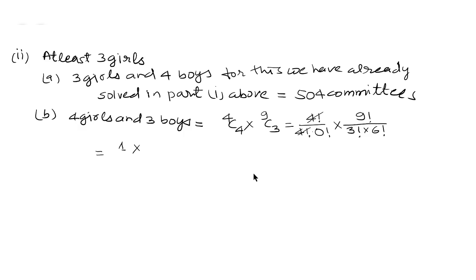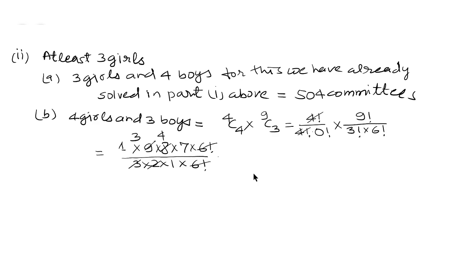1 multiplied by 9 factorial can be written as 9 into 8 into 7 multiplied by 6 factorial upon 3 factorial can be written as 3 into 2 into 1 into 6 factorial, and we cancel the 6 factorial of numerator by 6 factorial of denominator, and also cancel 9 by 3 of the denominator for 3 times and 8 of numerator by 2 of the denominator for 4 times.